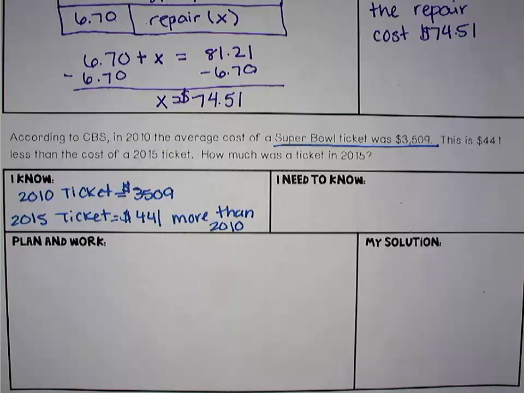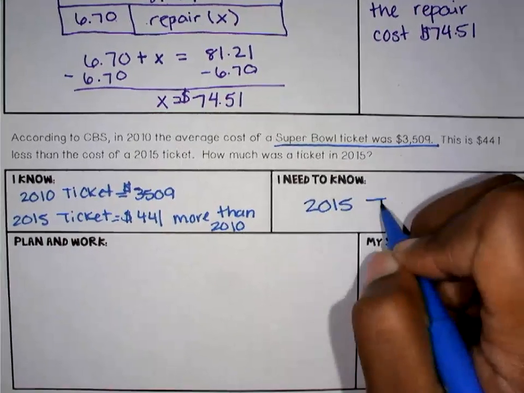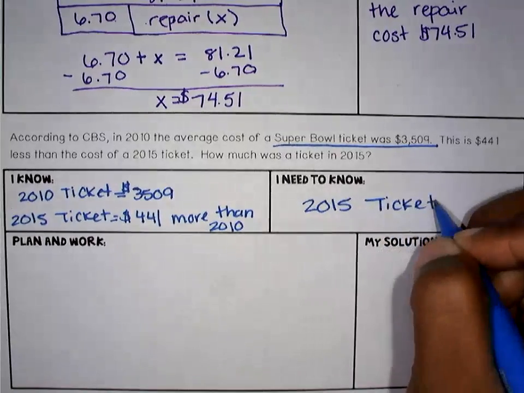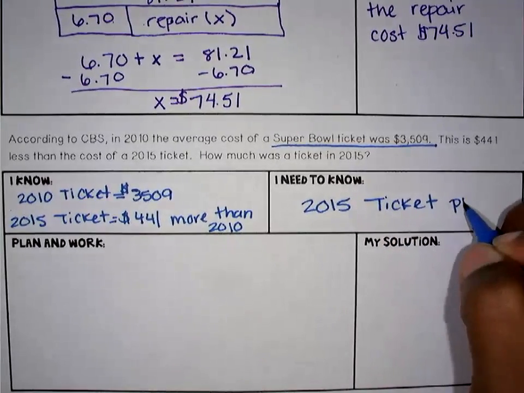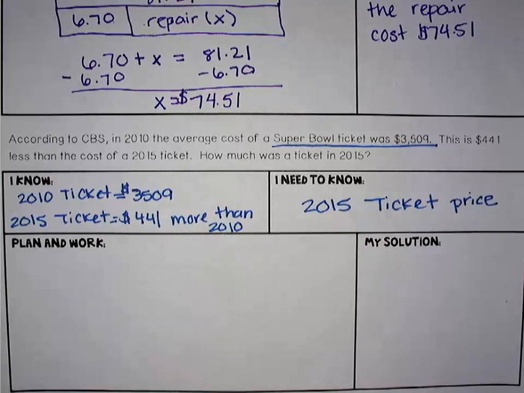All right. Even though in the problem it says that it's less than the cost of the 2015, we know that technically it will be $441 more than that prior year. Okay, so what you need to know is the 2015 ticket price. That's what we don't know. How much did that 2015 Super Bowl ticket cost? All right, so let's plan our work. Same model.